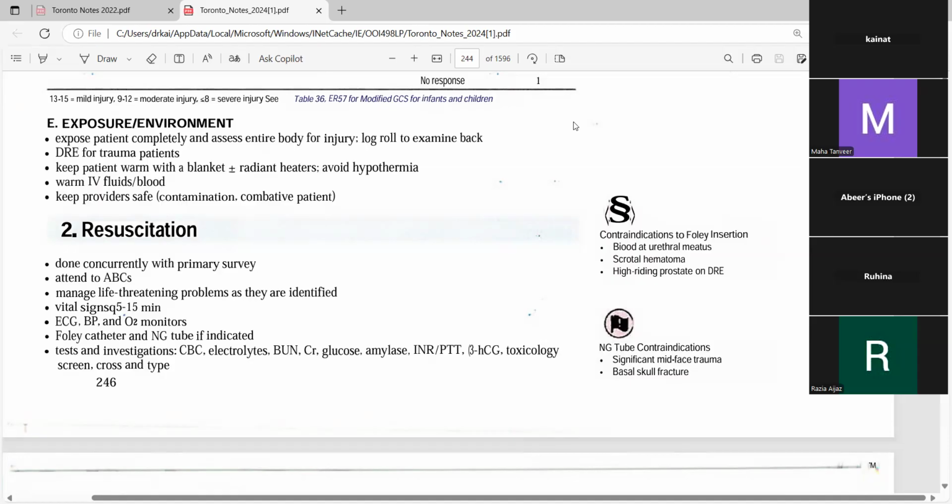You are not going to write down any investigations randomly. You need to be very focused on which investigation is supposed to be done for which kind of case and what you are looking for. The way they created the exam and questions, they know that if you choose this answer, what you are looking for.